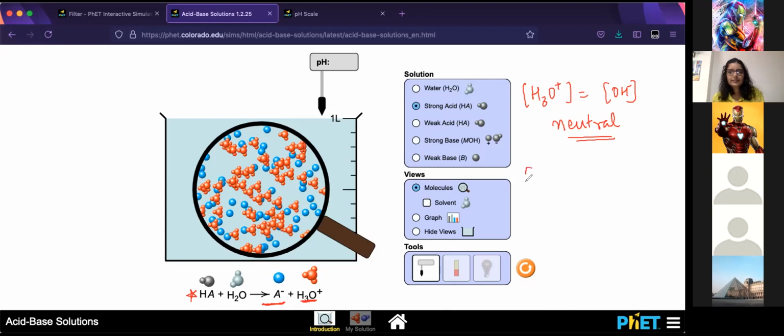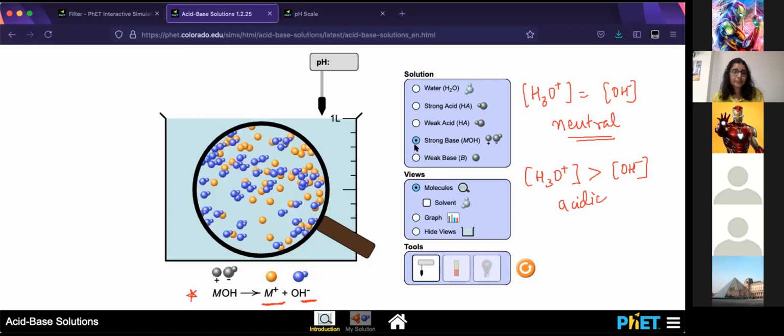So something is acidic if the quantity of H3O plus is more than the quantity of OH minus. Then instead of a strong acid, if I add a strong base, the base naturally contains a cation and OH minus ion. So if the quantity of OH minus is greater than the H3O plus ions, then the solution is basic.